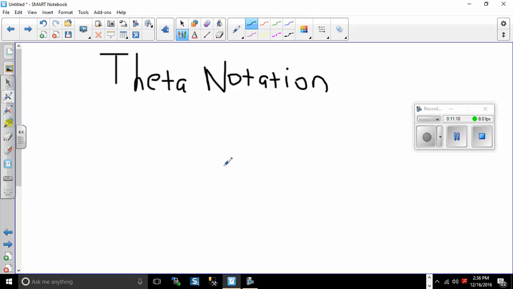So what theta notation means is that you find the least upper bound and the greatest lower bound for a function. And it goes like this.